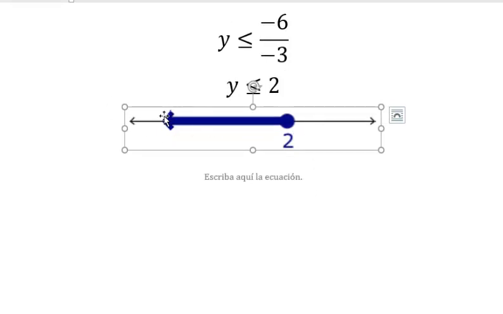So the starting point on the left of the drawing is not that clear because it's basically an arrow that goes forever on the left. Remember that I told you that forever on the left is negative infinity. So the beginning of the drawing is negative infinity, and the end of the drawing is 2.